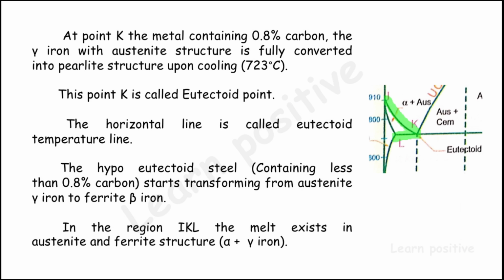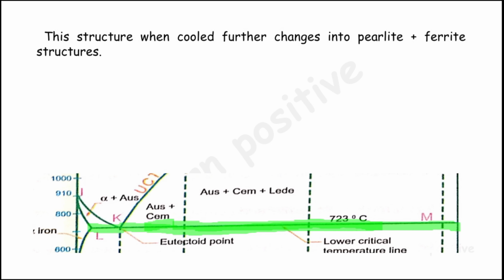And then in the region IKL, the melt exists in austenite and ferrite structure. So it is said to be alpha plus gamma iron. In this structure, when the cooling is taken further, it forms the pearlite plus ferrite structure.